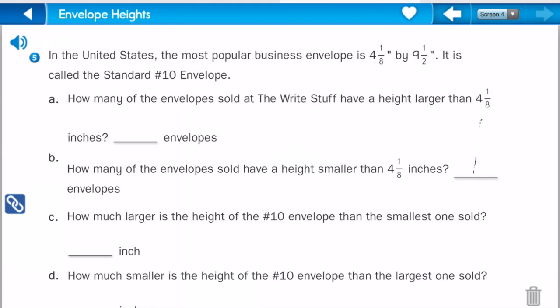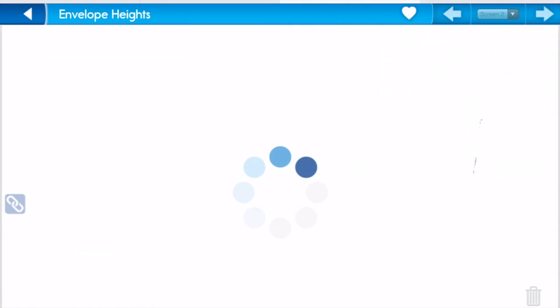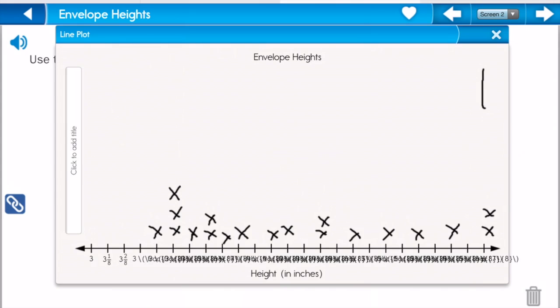Larger than 4 1/8, we have 1, 2, 3, 4, 5, 6, 7, 8, 9, 10.